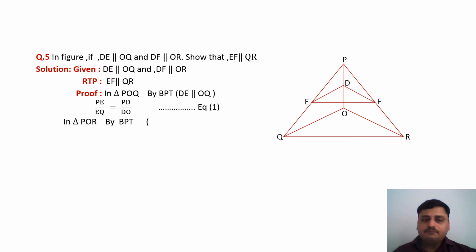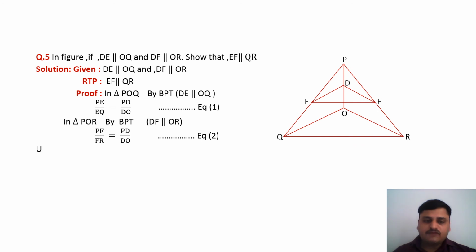Again, DF is parallel to OR, so by using BPT, PF by FR is equal to PD by DO.